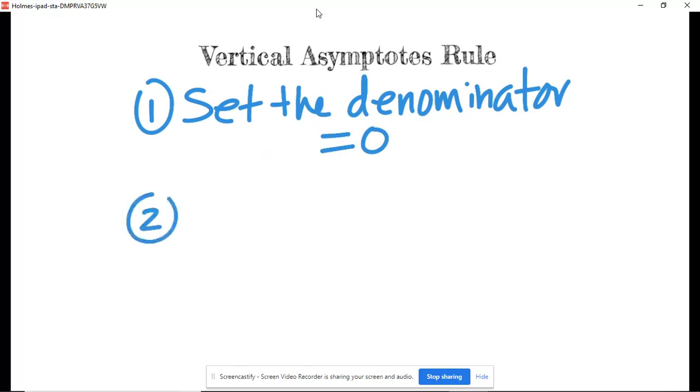And the second step, solve for x. So if you have just one x in the denominator, you set it equal to 0. If you have x squared in the denominator, you're going to set it equal to 0 and solve for two x's. X cubed, x to the 4th, no matter what you have in the denominator of a function.